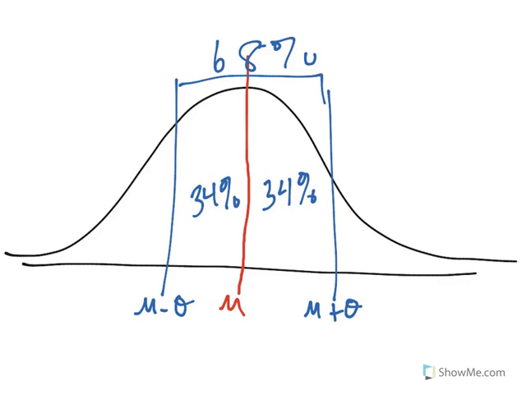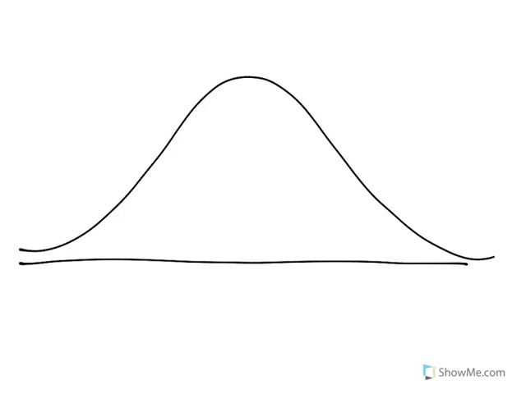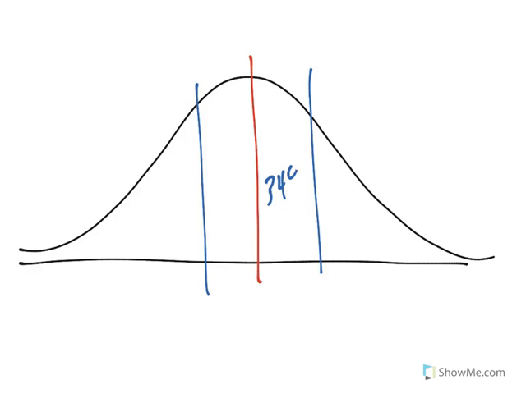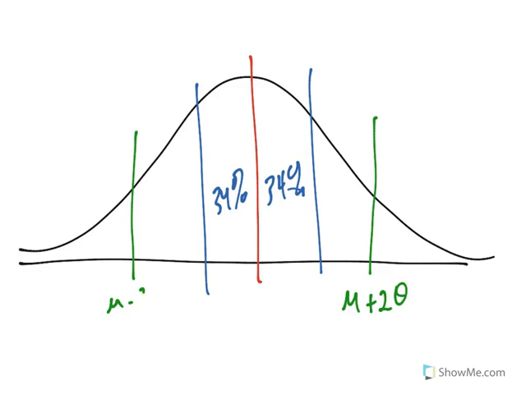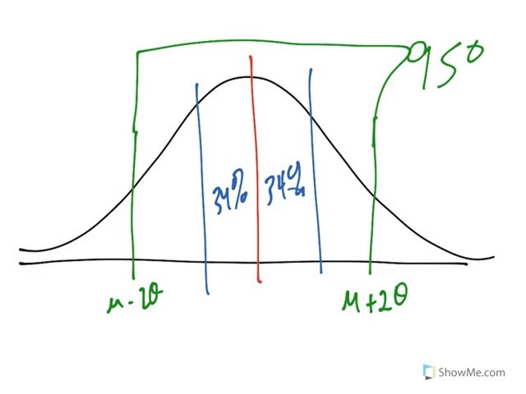Well, now let's go another place out. I've got my mean in the middle, and we just went 1 standard deviation, so that's what we just found. But then it says 2 standard deviations, so this would be the mean plus 2 standard deviations and the mean minus 2 standard deviations. The green area is 95% of our data. If you look at this picture, within that green box I have already taken into account 68% in blue.